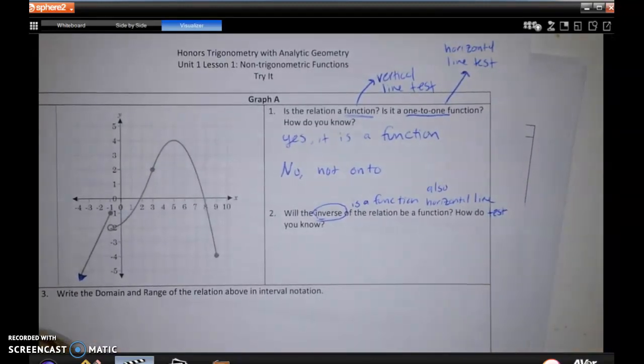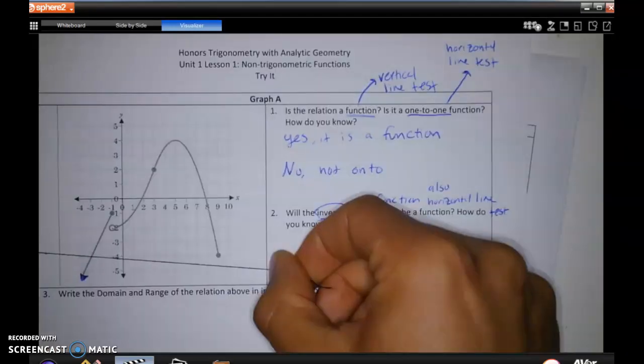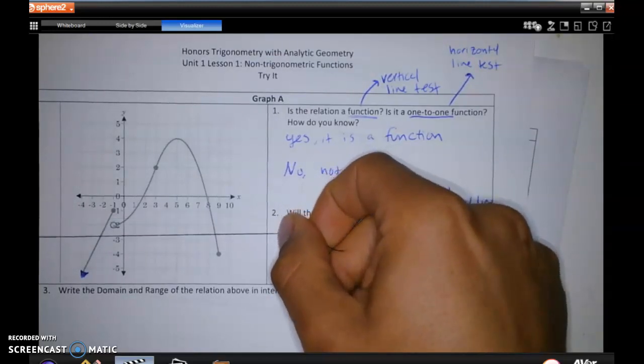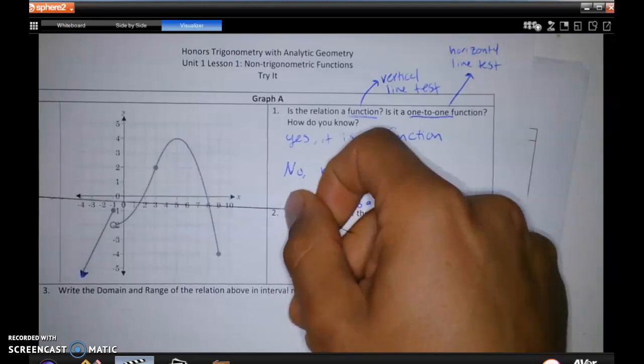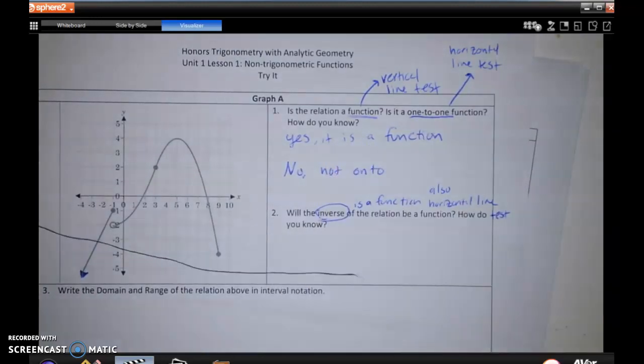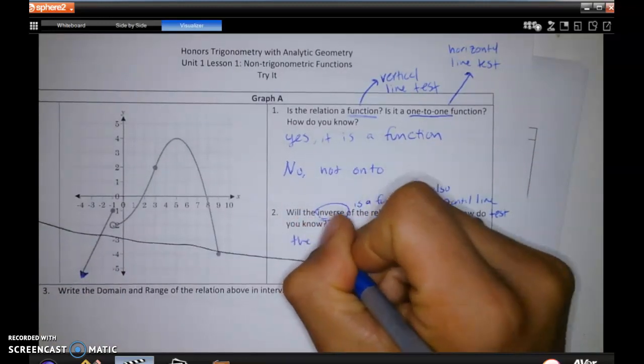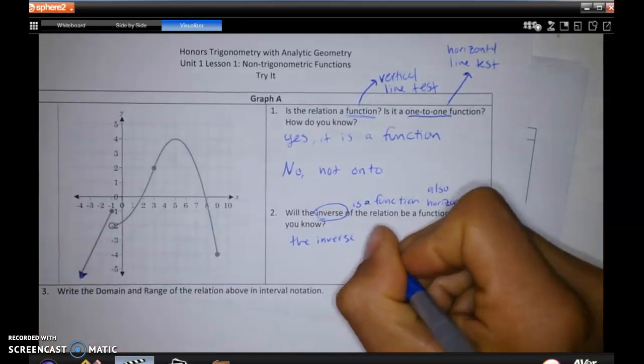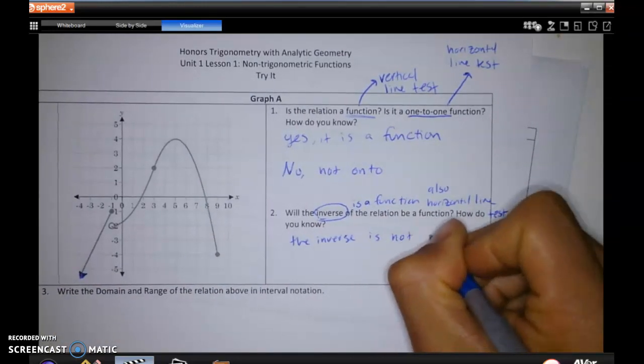Boom. So if we go to test, I'm going to do it again just because I'm showing you guys. Notice here, it fails the horizontal line test. Boom. We're intersecting more than 1 time. If it fails the horizontal line test, the inverse is not a function.